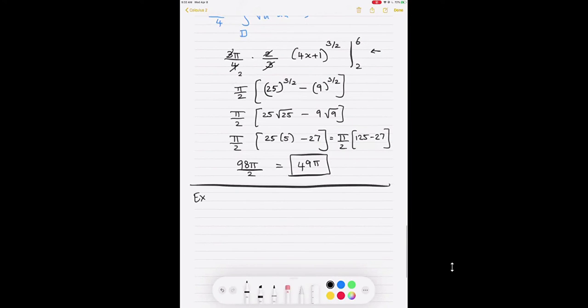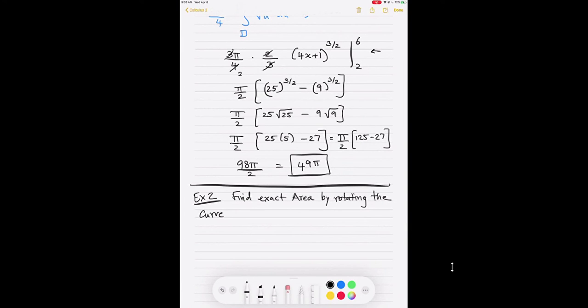So here's example 2. And for this one, I just want to jump up a little bit ahead and see if we can do this one. So here it says, find the exact area by rotating the curve. I want to see how you would handle this one.